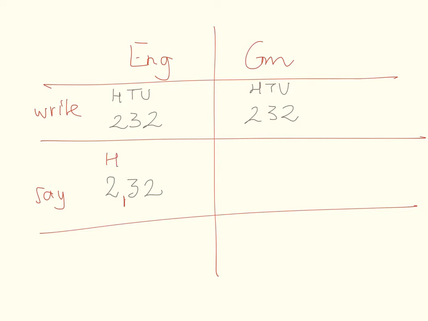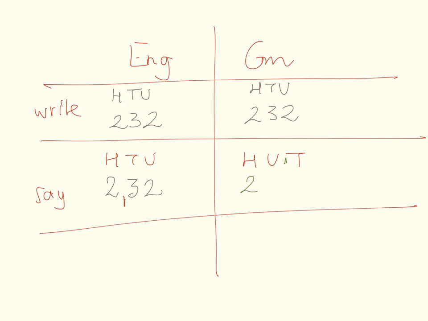However, we still stick to the same order, hundreds, tens and units. In German, that changes. It is going to be hundreds, units and tens. And the word for and is going to go between the units and the tens.